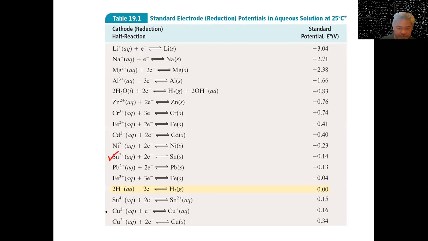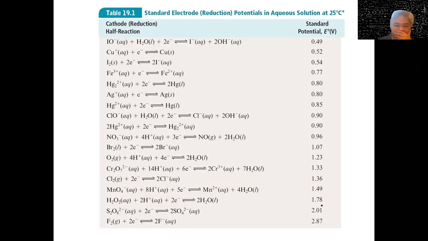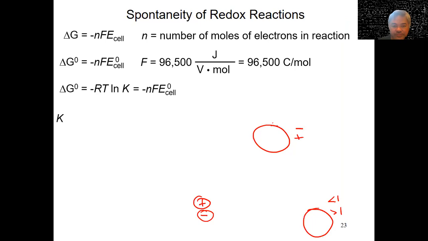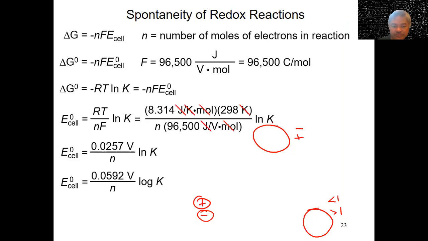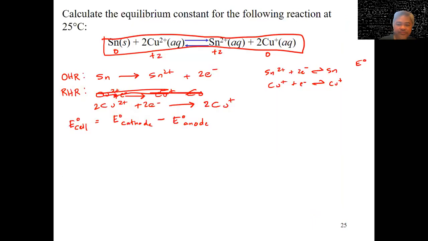And the copper that we have is this one. So we have negative 0.14 and 0.16. So this is negative 0.14 and this is 0.16. Right?